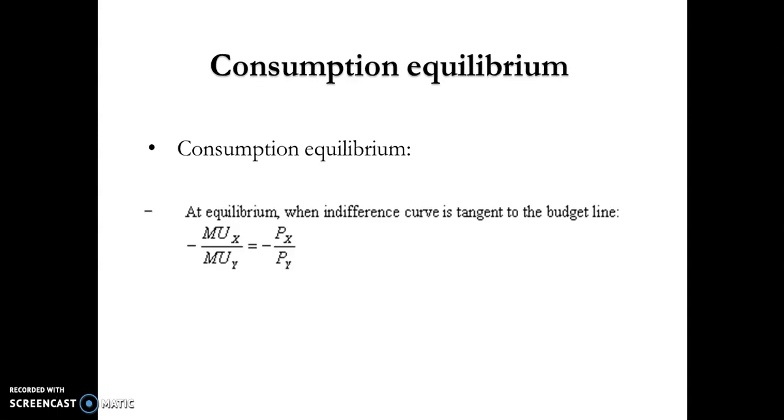You know, the point of tangency is when these two curves touch at a point. So at this point, the slope of the budget line is going to be equal to that of the indifference curve, right?